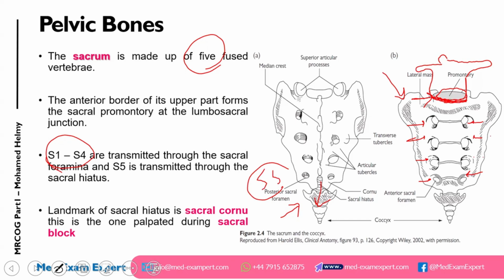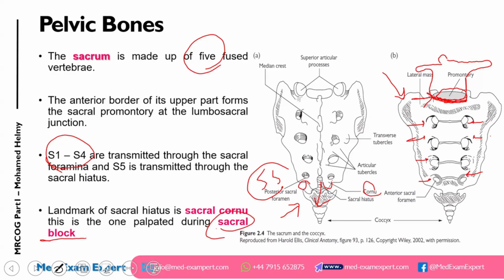And you can know the position or the anatomical landmark of this hiatus by palpating two bony projections on each side of the sacral hiatus. We call them the sacral cornua. The sacral cornua. And this is in case of making what we call sacral block.